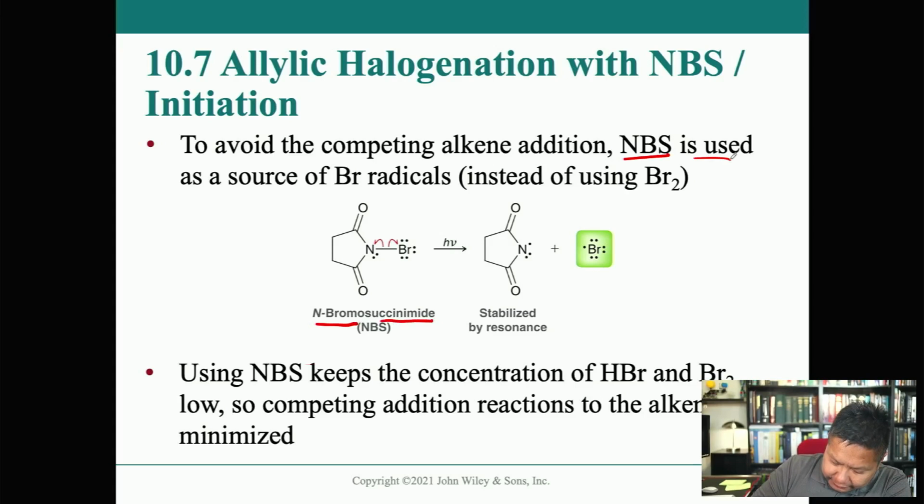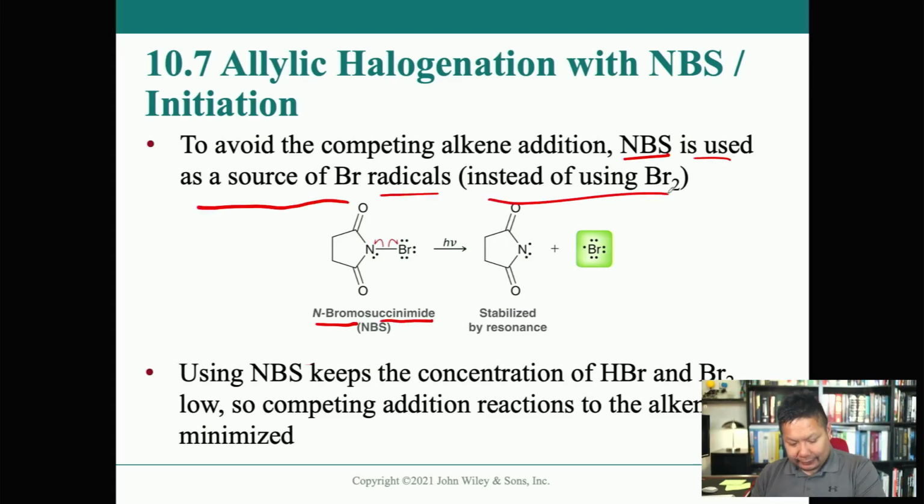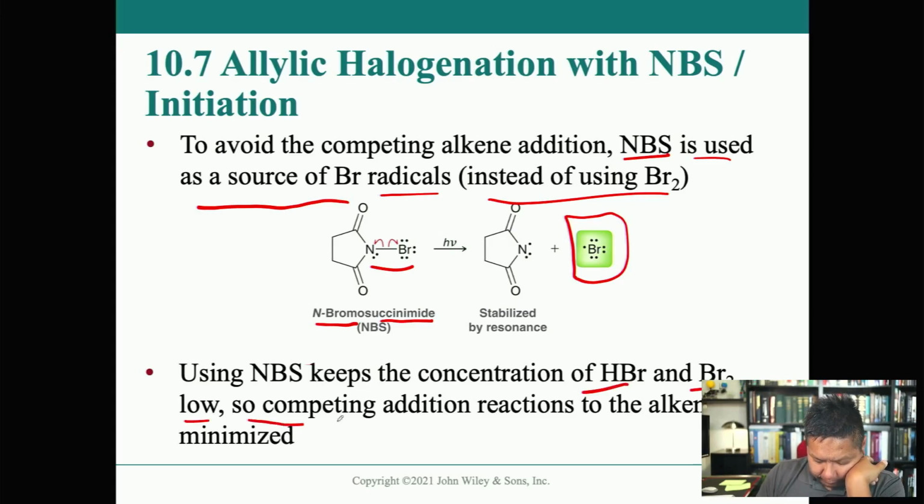It can be used as a source of bromine radicals instead of bromine gas. Okay, which is good because once you homolytically cleave bromine gas, you get two bromine radicals, whereas if you homolytically cleave bromine off of NBS, you just get one bromine radical, right? So using NBS keeps the concentration of HBr and Br2 low, so the competing addition reactions to the alkenes are minimized.